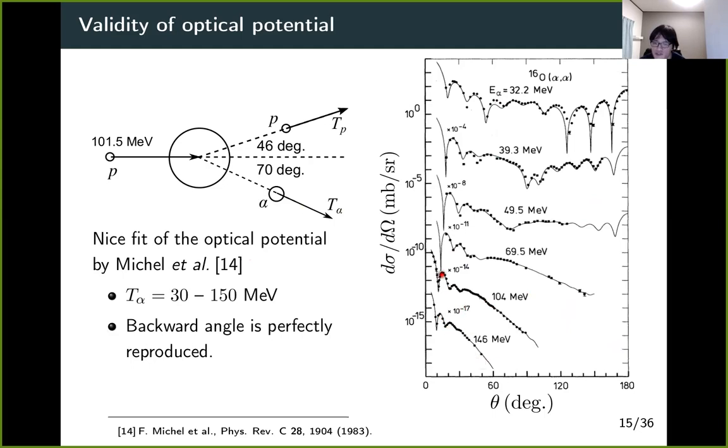As you see, their optical potential fit parameters give a very nice agreement from the forward to the backward angles. And what we found is that this valid optical potential is necessary to describe the PPR, to describe this part of the scattering wave and to describe the PPR cross-section quantitatively.